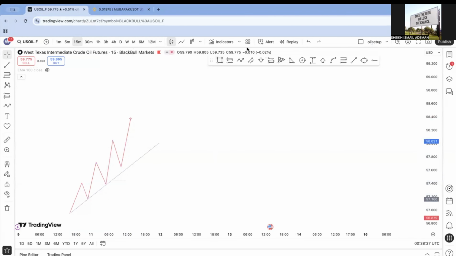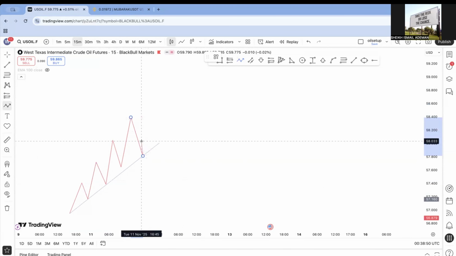All right, so when price approaches the trend line, we always look forward to buy to the upside. But then when price hits the trend line, what do we do?